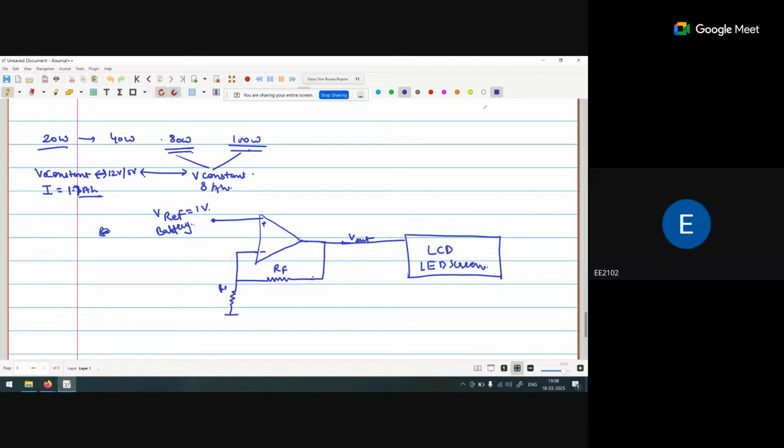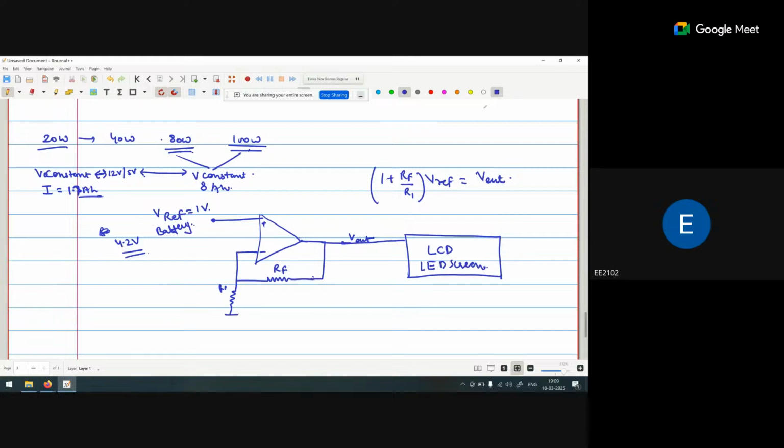Now initially my battery is 4.2 volt charged. What are we getting on the LCD screen? It is basically a non-inverting amplifier. So V out is 1 plus RF by R1 times Vref.